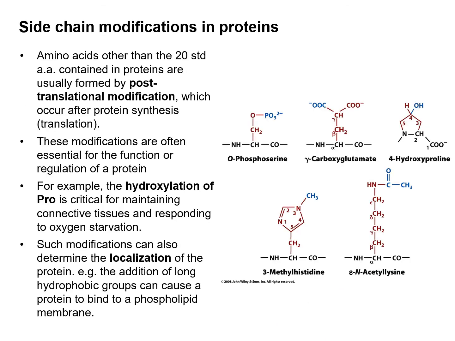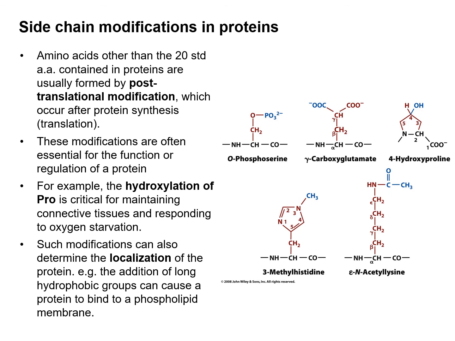And there are various side chain modifications in proteins, and these are some examples of such modifications. Amino acids other than the 20 standard ones contained in the protein are usually formed by post-translational modifications, which occur after protein synthesis or translation. And these modifications are often essential for the function and regulation of that protein.